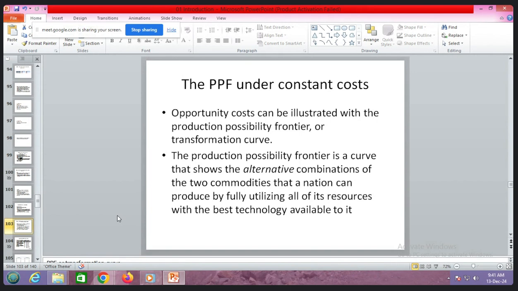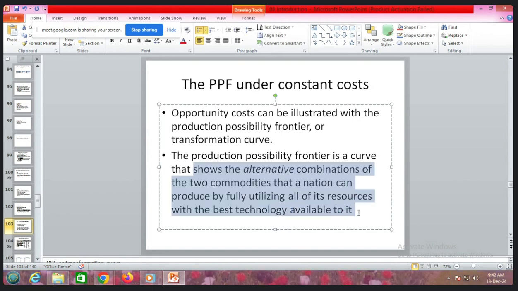What is a production possibility frontier? It shows alternative combinations of two commodities that a nation can produce by fully utilizing all its resources with the best technology that is available to it.